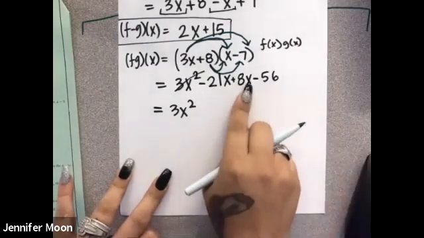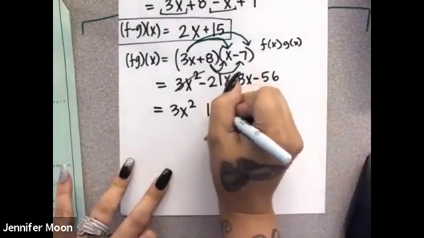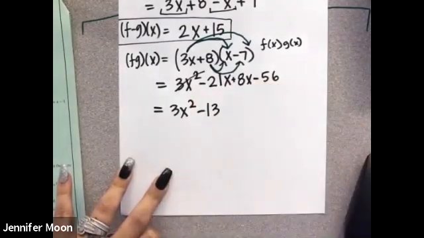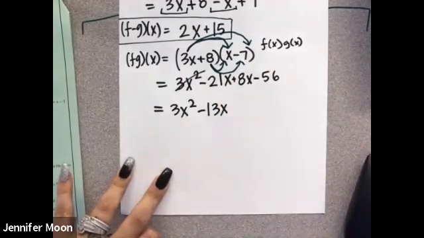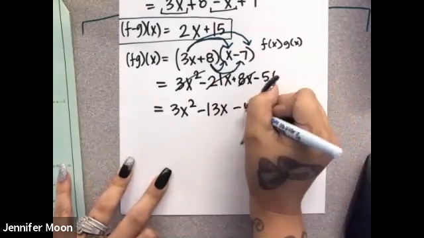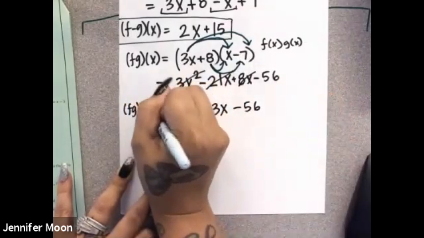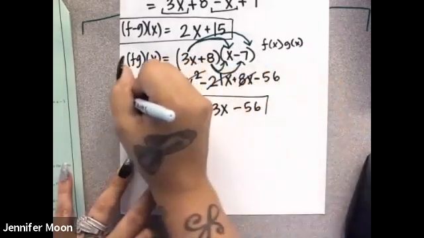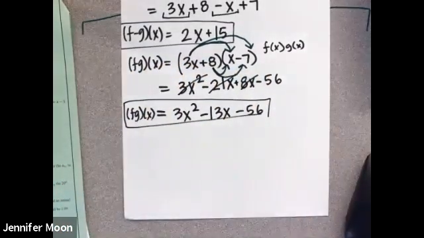So what I do is I look at the numbers. 21 and 8, those signs are different. So I subtract, keep the sign of the larger, keep my variable, keep my exponent. What I have left is a negative 56. So that is the product whenever I multiply those two functions together. Whoop, almost crossed out my answer. That is the correct answer.